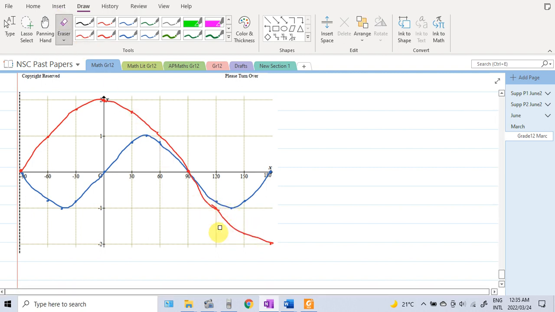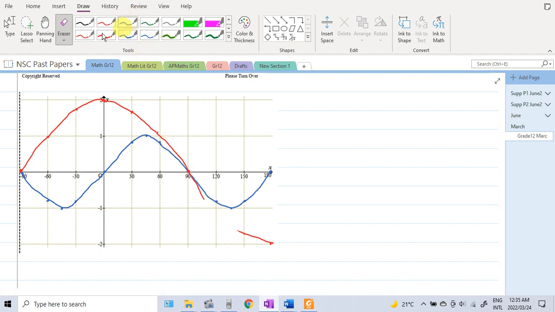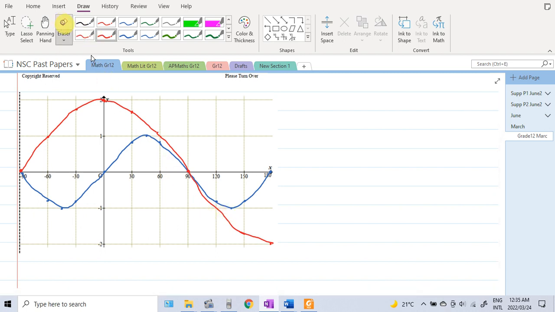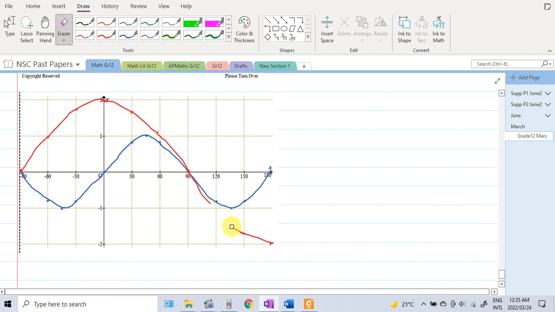I don't know why it's bending up over here. Yeah, that should be better. Right, so that's going through at 120.